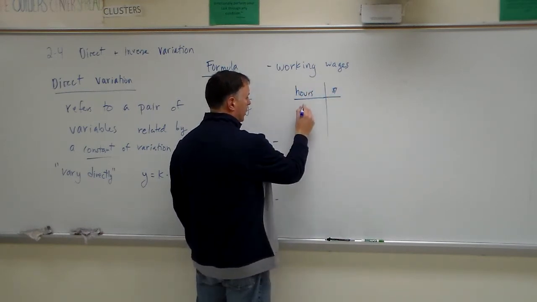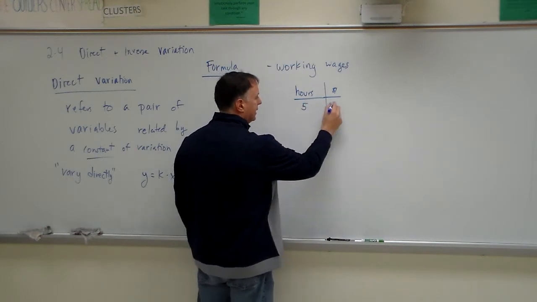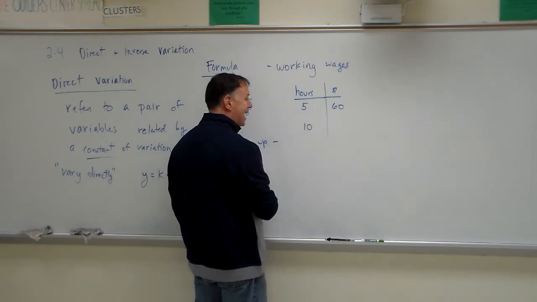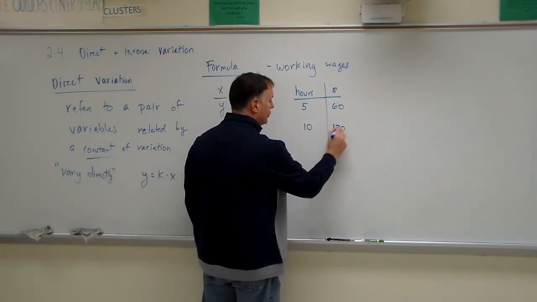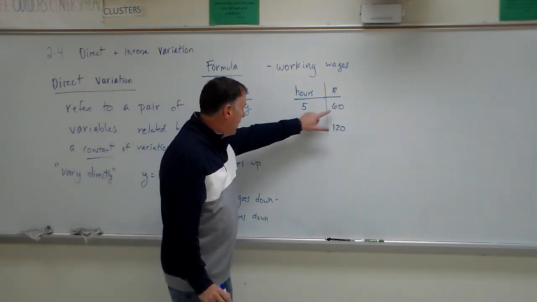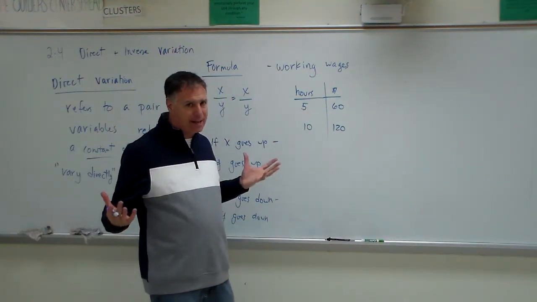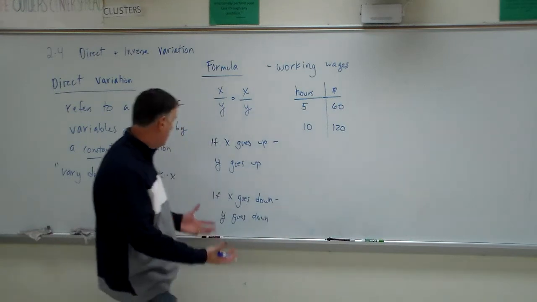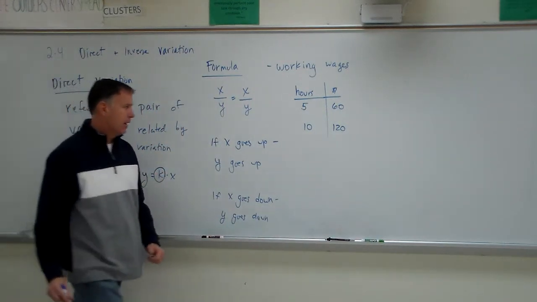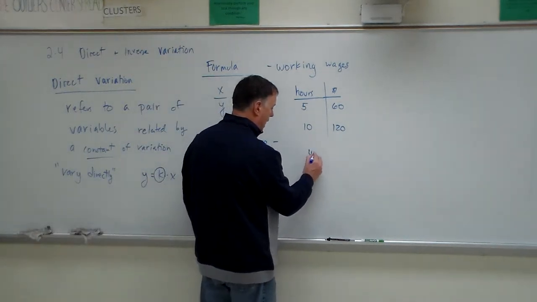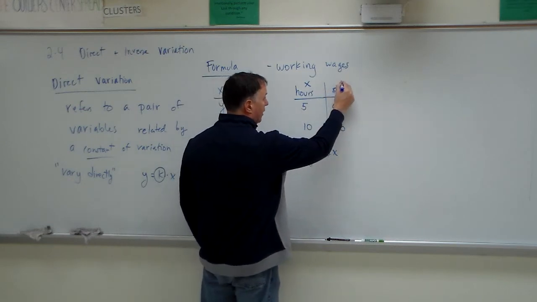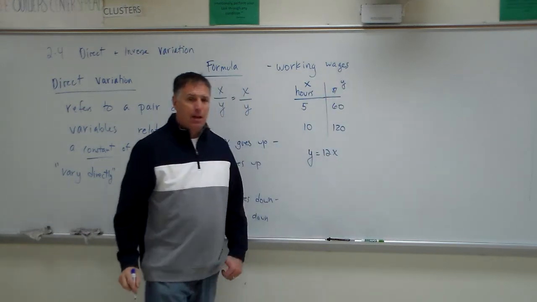If you work 5 hours and you make $60, if I work 10 hours, I make $120, okay? As my hours go up, my pay goes up. In this case, I'm making $12 per hour, so 12 would be the constant. My equation would be y equals 12 times x, where x is hours and y is your pay.